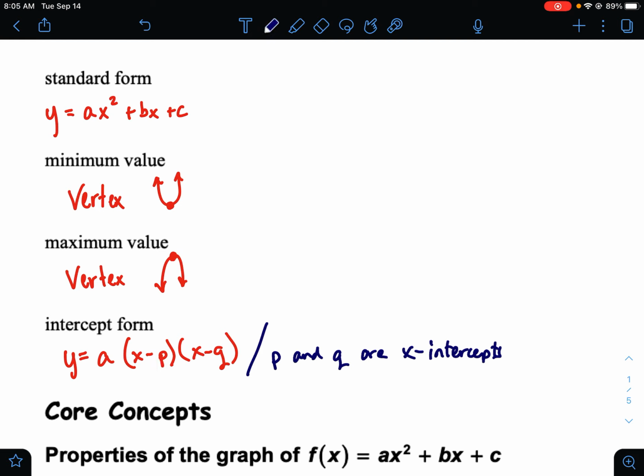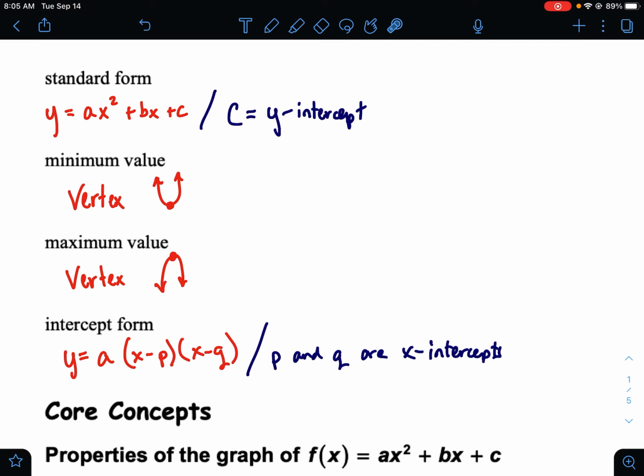Standard form, the unique thing it gives us is that c equals your y-intercept. Whether it's in standard form, the c here will always be your y-intercept. In intercept form, the p and the q will be your x-intercepts.